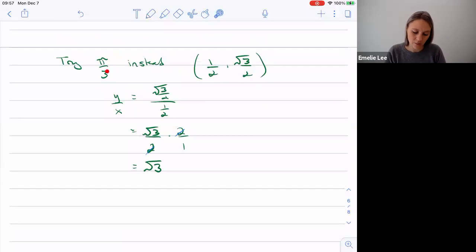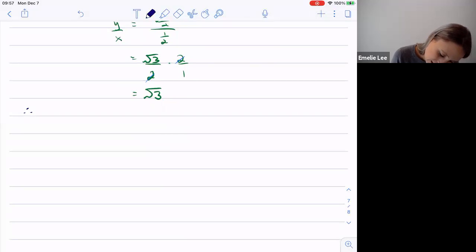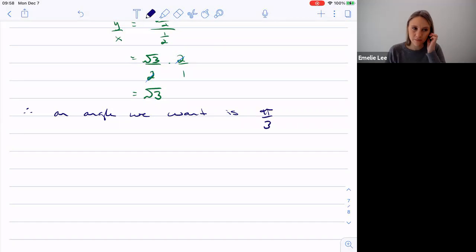Looks like pi over 3 is the one I want, and also the combination that I want is x being 1/2 and y being root 3 over 2, or the negative versions, negative 1/2 and negative root 3 over 2. Okay, and so therefore the angle we want, or an angle we want, is pi over 3.